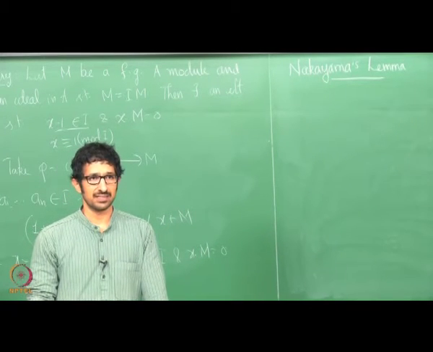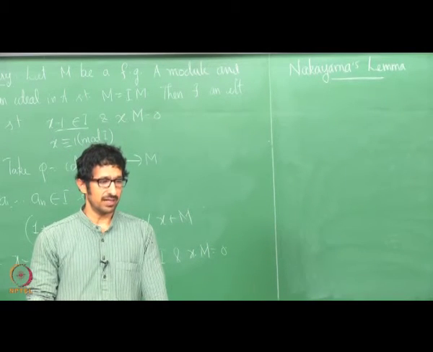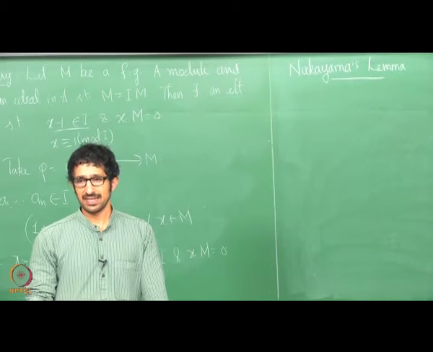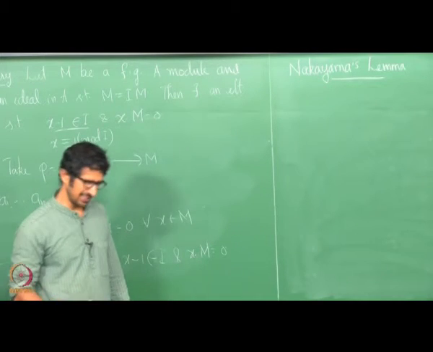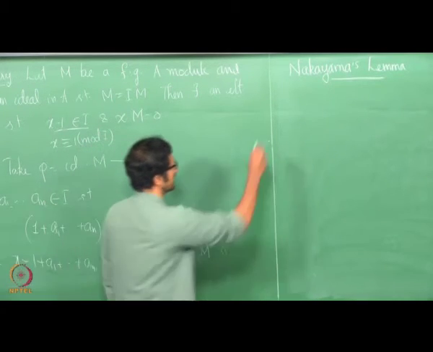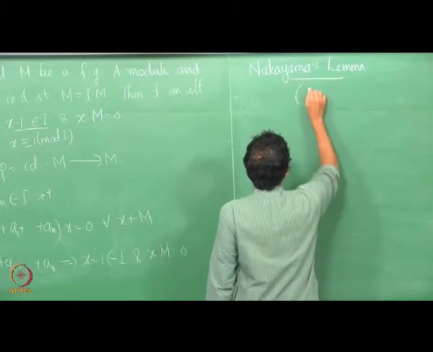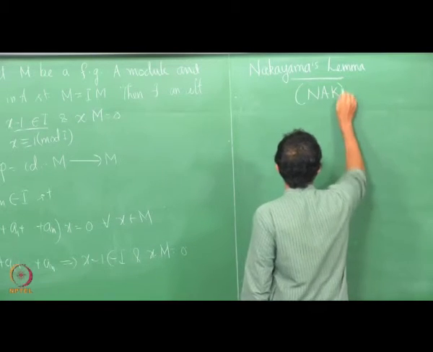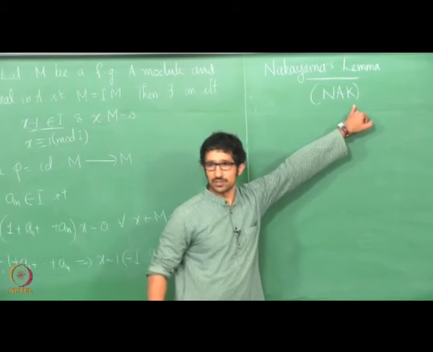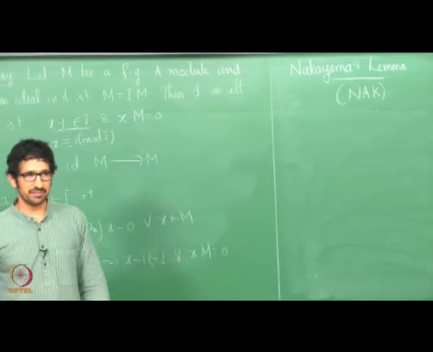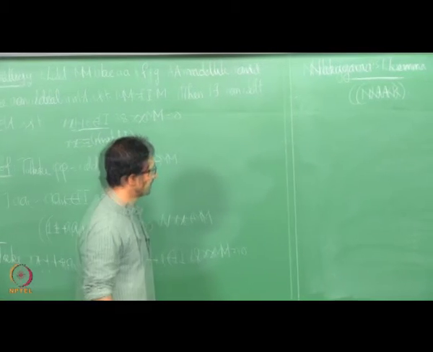According to him it should be attributed to Azumaya and Krull. In Matsumura's book, he writes it as theorem, and in brackets he writes NAK, and in many places it is used like this: Nakayama, Azumaya and Krull. But we always refer to it as Nakayama's lemma. It has been like that for a while now.